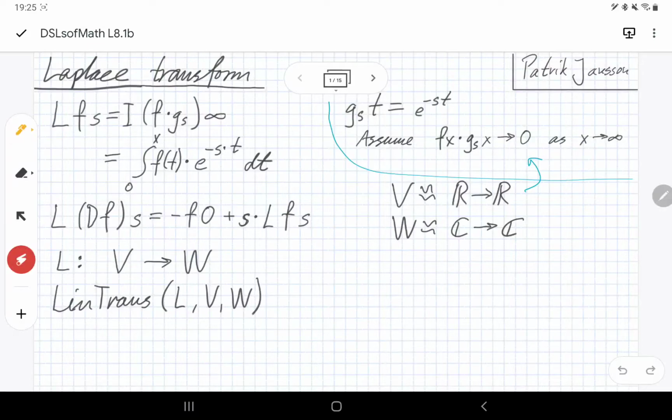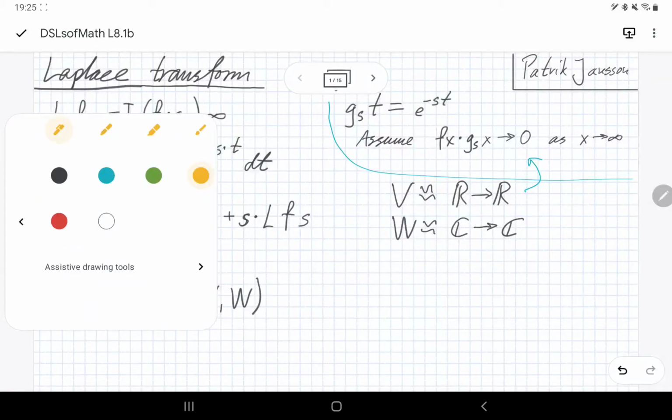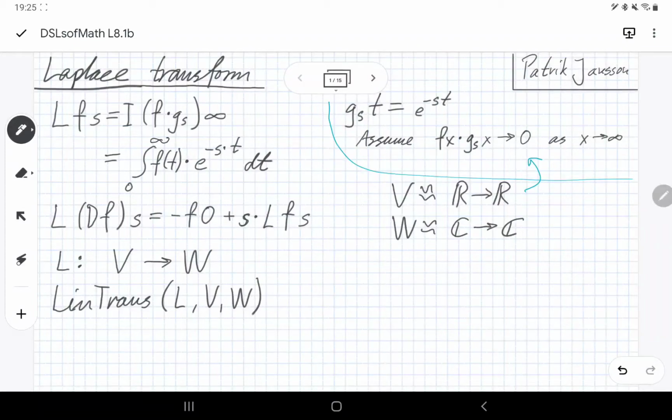So first of all, we ended up at the definition that the Laplace transform of a function f is a function taking s into the integral from 0 to infinity of the function f scaled by an exponentially decreasing function, where the factor s is the parameter here.